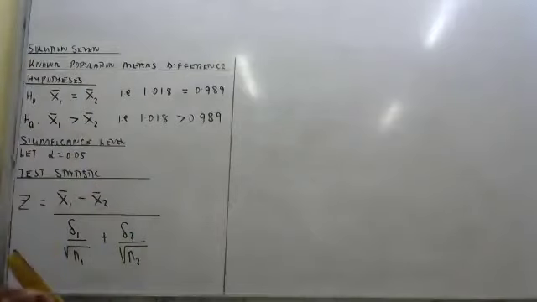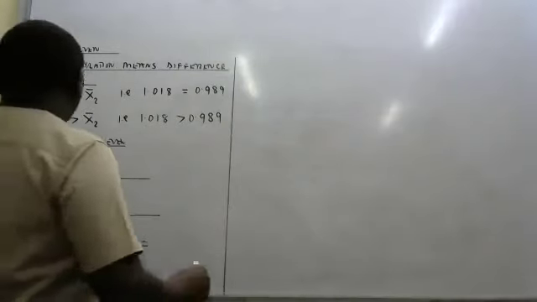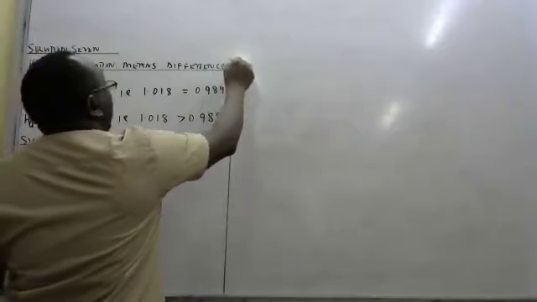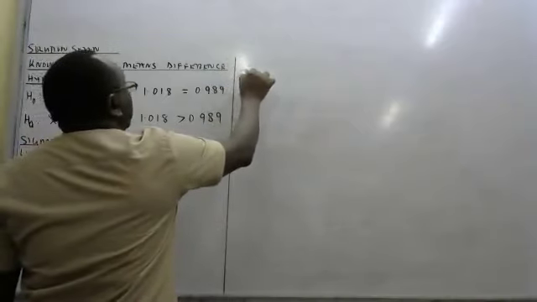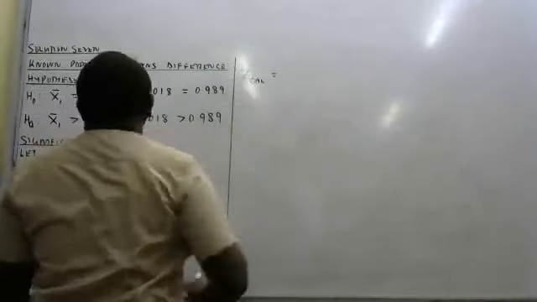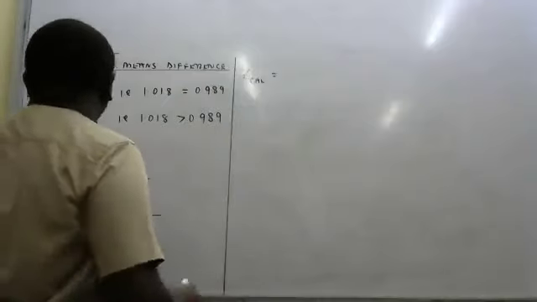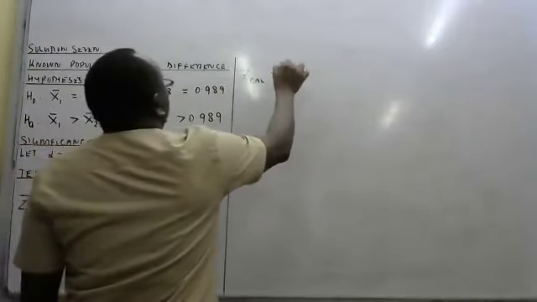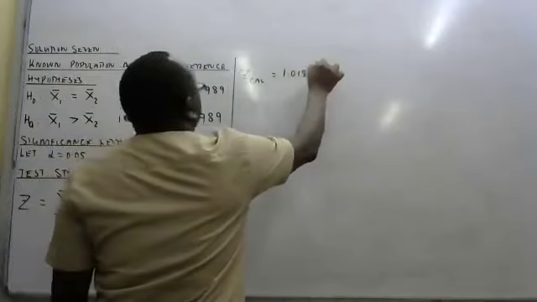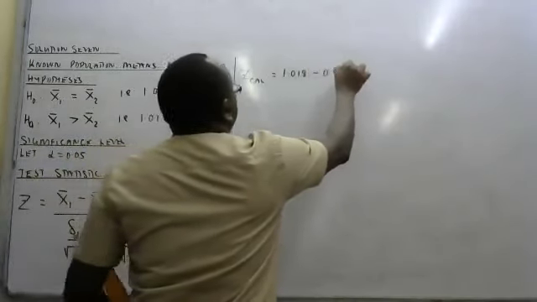So now from there, Z calculated is 1.018 minus 0.989.